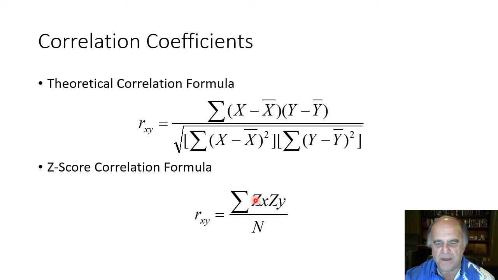It's the sum of the standardized cross product of x and y. So it's the sum of the z-score for x times the z-score for y for each person. We take the z-score for x and the z-score for y for each person, multiply them, sum them across all people. We get a sum, and then we divide by n. And that gives us the correlation coefficient.